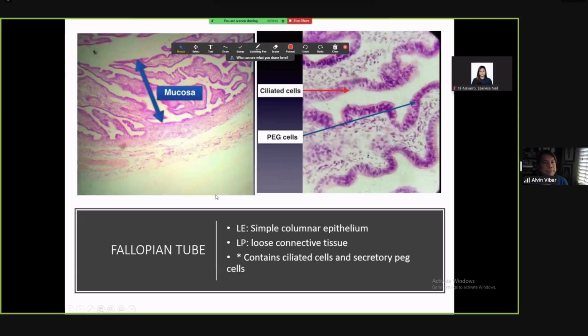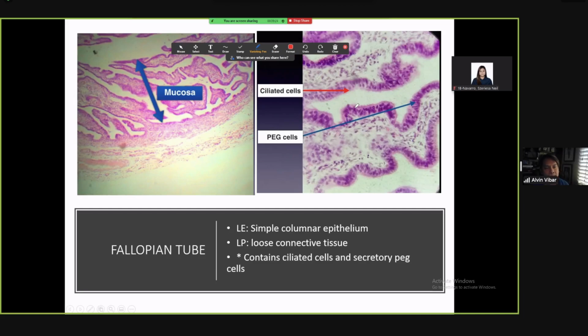Again, we did mention that the mucosa is thrown into folds. For example, here, and take note that the lining epithelium is a simple columnar epithelium. Here is the lining epithelium, which is made up of two types of cells.